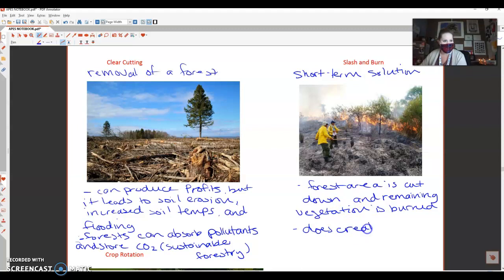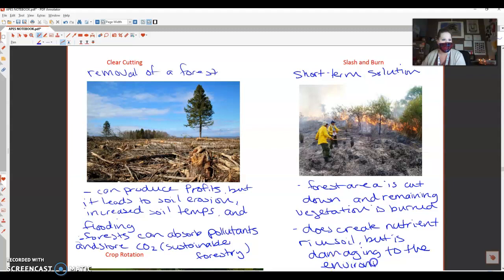So it does create nutrient-rich soil, but is damaging to the environment. Again, guys, when you burn stuff, all that carbon goes into the atmosphere, and who's going to absorb it if there are no trees around? Also, when you burn stuff, it creates particulate matter, which we inhale. Okay, so we will continue on with crop rotation in the next video.